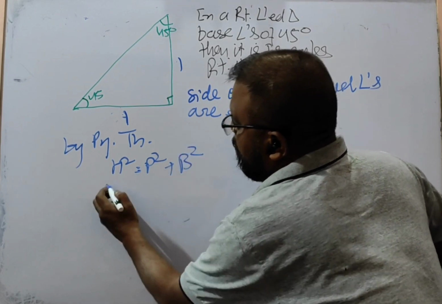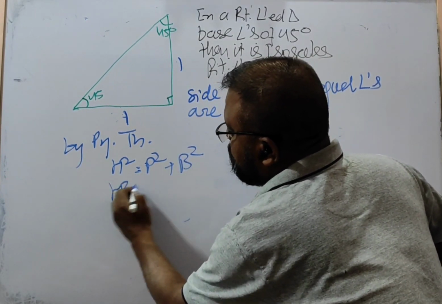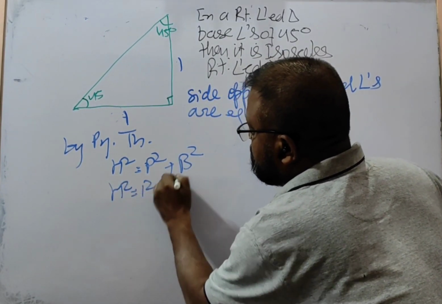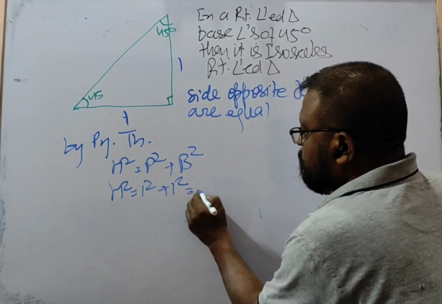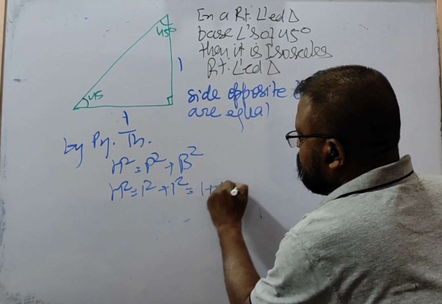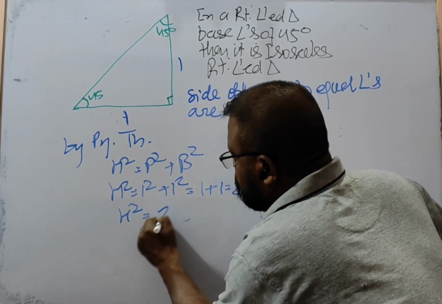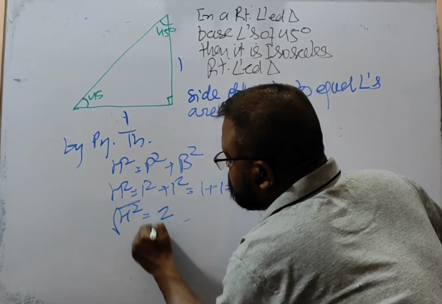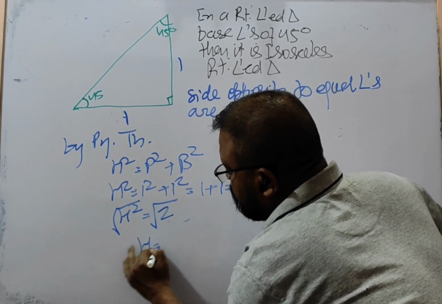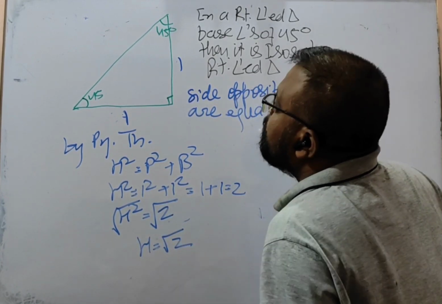So hypotenuse square is equal to 1 square plus 1 square. It becomes 1 plus 1 is equal to 2. So hypotenuse square is equal to 2. Square root both sides, so h is equal to root 2. Getting? So this is root 2.